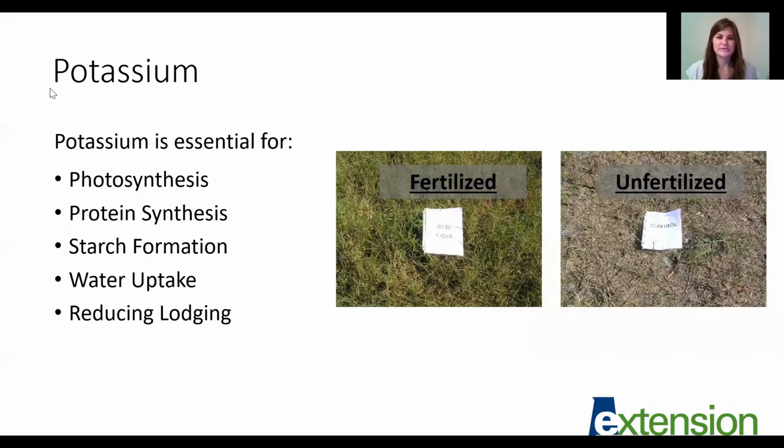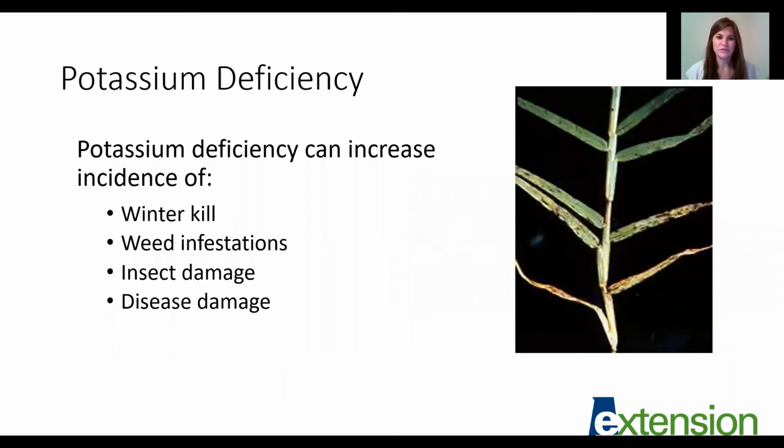So potassium is another nutrient that's very important in forage production systems. We know that potassium is essential for many plant functions, including photosynthesis, protein synthesis, starch formation, water uptake, and lodging reduction. And deficiencies of phosphorus can result in increased weed and disease infestations, as well as winter kill.